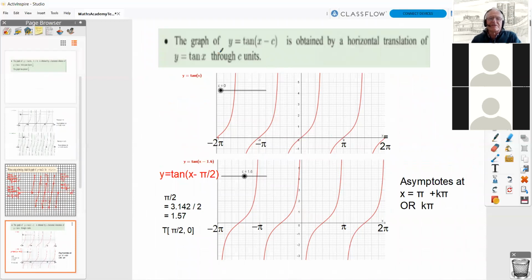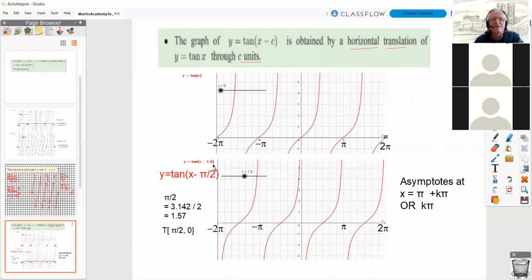The other thing we focus on is just changing C. And that, of course, like in the sine and cosine, is a horizontal translation of tan through C units. So again, I've just drawn a graph here using Desmos of tan x. And then this one, I put in tan of x take 1.6.